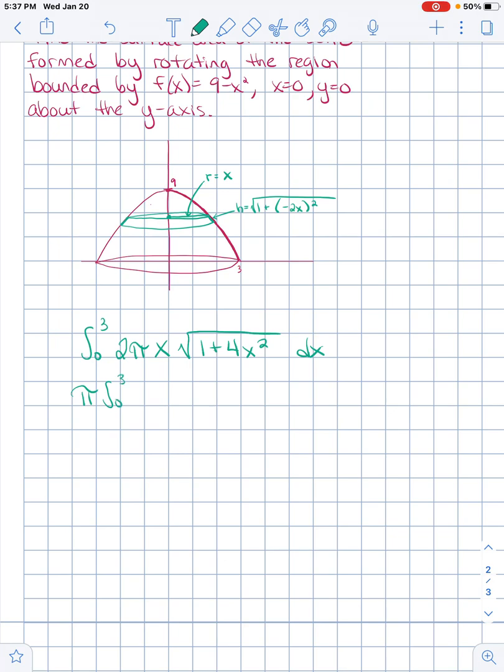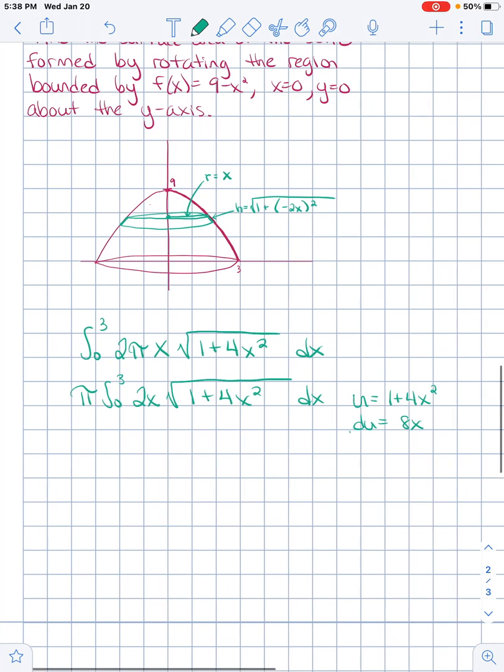I'm going to pull the pi out of here. We've got 2x times the square root of 1 plus 4x squared. This one, we don't have a bunch of foiling that we have to worry about. I can see that the inner function, u, is 1 plus 4x squared. du is 8x.